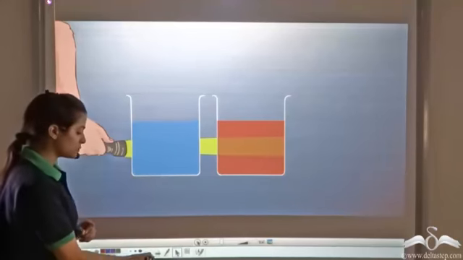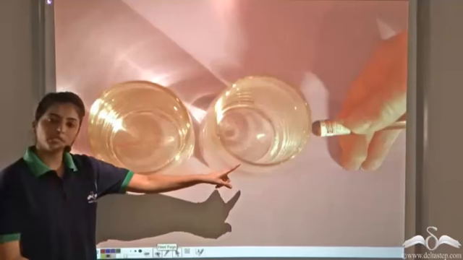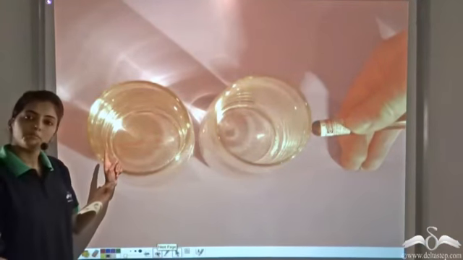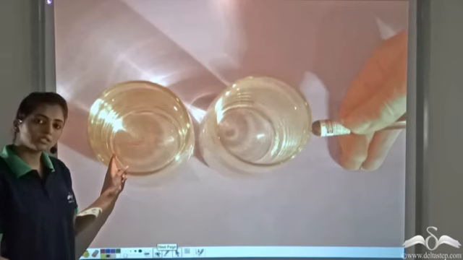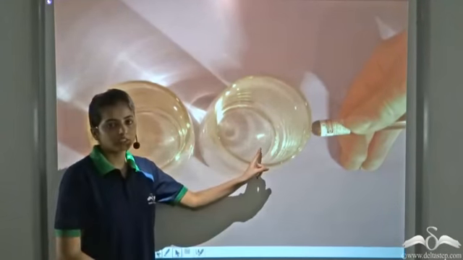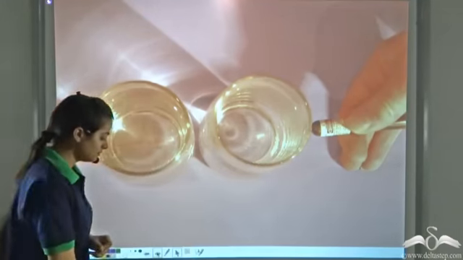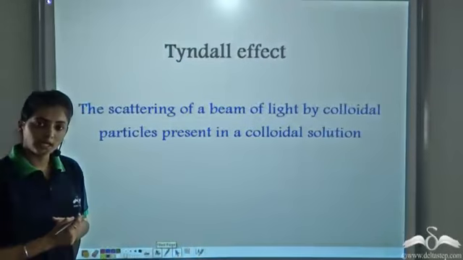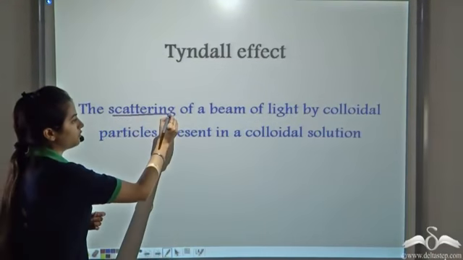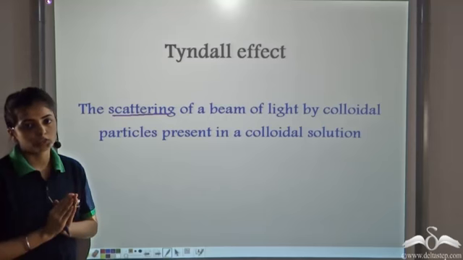So we can use this property when we have two solutions. We bring a laser beam or a torch. You observe that the path of the laser beam becomes visible in one of the solutions. This means this is a colloidal solution, and the solution in which the path does not become visible is the true solution. So Tyndall effect is the scattering of a beam of light by the colloidal particles which are present in a colloidal solution.